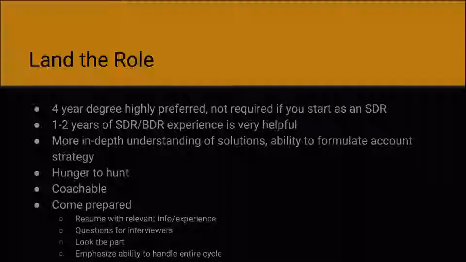And also, how would you prioritize accounts for different types of marketing strategies? So if you know that, for example, in the education space, it might be best to target them in a different way because they have less money usually to spend on technology. So you might want to target them in a different way, and being able to express that is going to be very helpful for you.